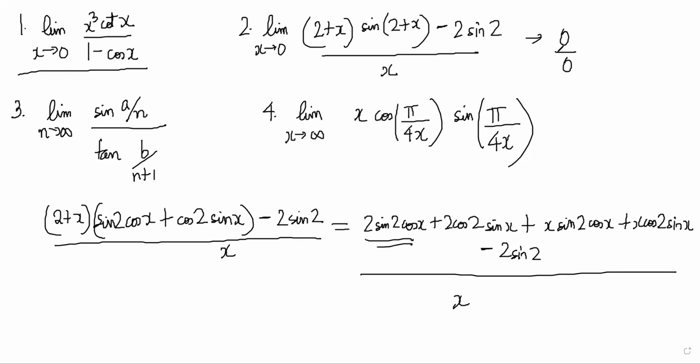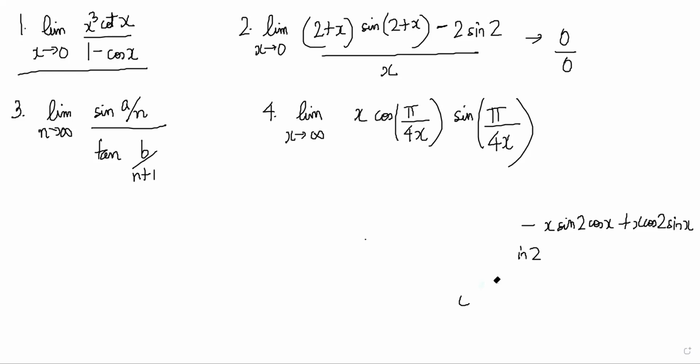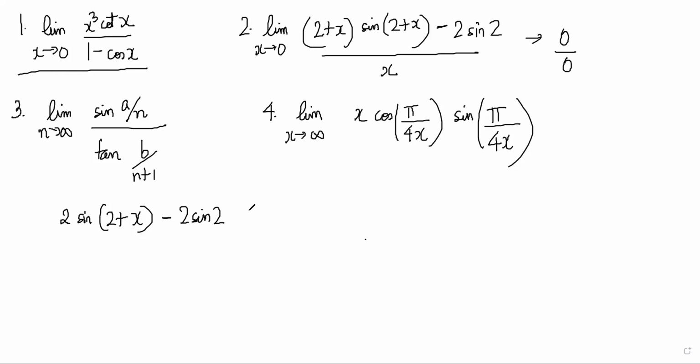One thing different that we could have done here was not expand it like this. Just take common. We can split the first term and make it 2 sine 2 plus x, plus minus 2 sine 2 plus x, sine 2 plus x by x.